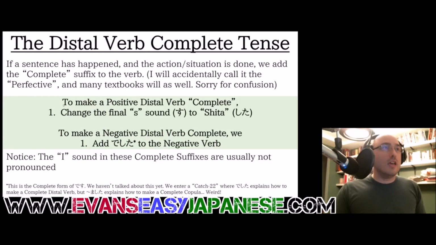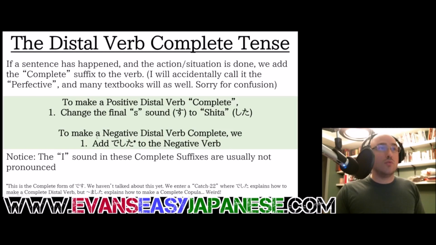Sorry for the confusion. To make a positive distal verb complete, change the final s sound, which is generally written as su, to shita, which is written as shi ta. To make a negative distal verb complete, we add deshita to the negative verb.